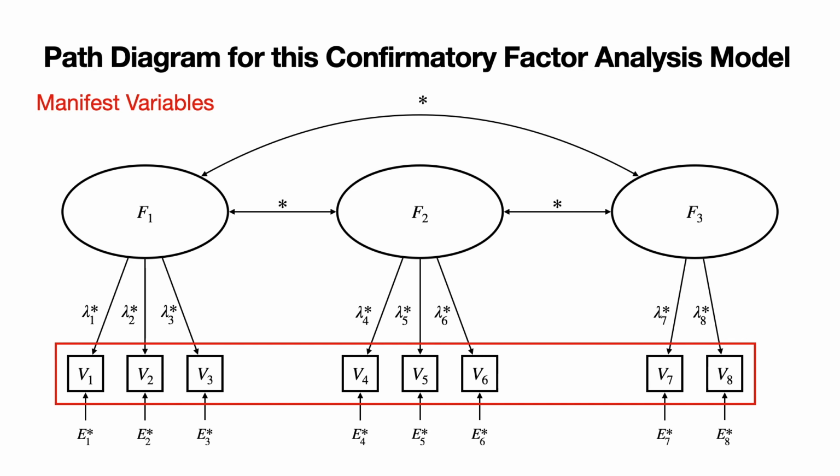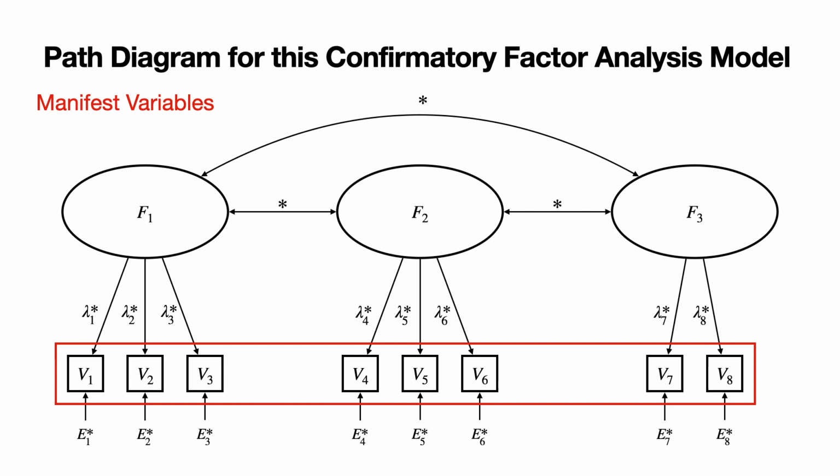Note also that V4, V5, and V6, which are the 3 achievement motivation scores, have one-way arrows coming into each of them from F2, which is the achievement motivation construct, but there are no one-way arrows coming from F2 to either V1, V2, V3, or V7 or V8. And so the achievement motivation construct is impacting only, according to the theory shown by this model, V4, V5, and V6.